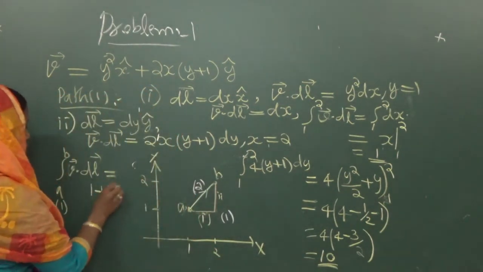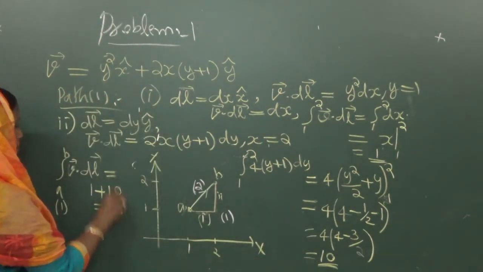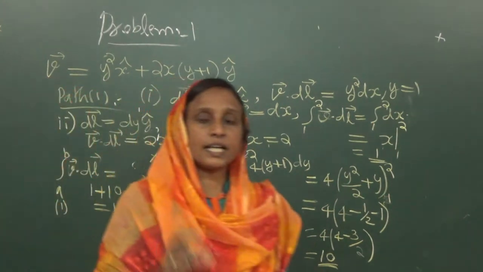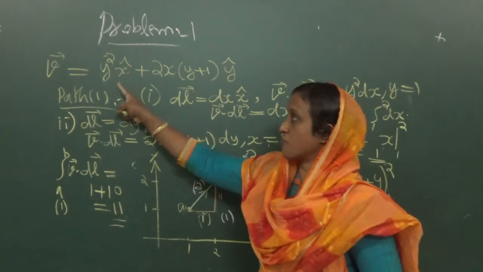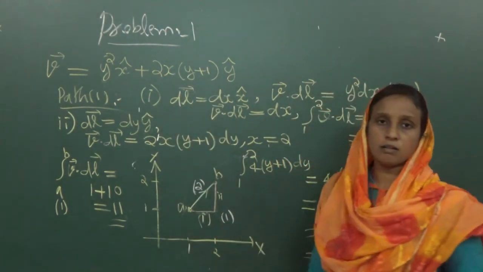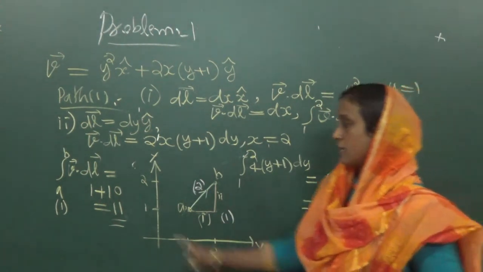So you get a total of 11. So integration of this vector function along path 1 is obtained as 11.